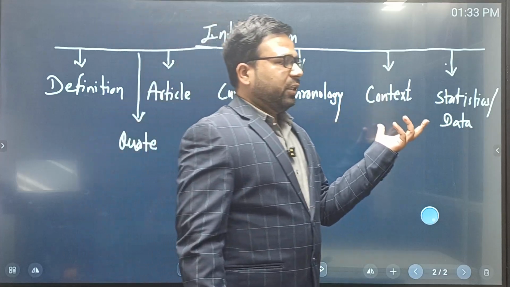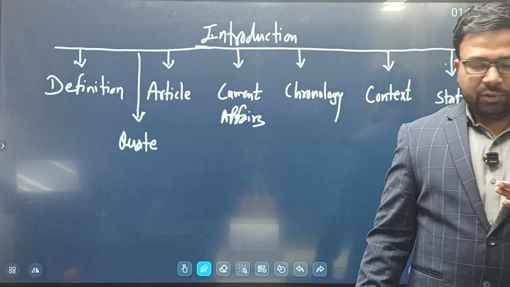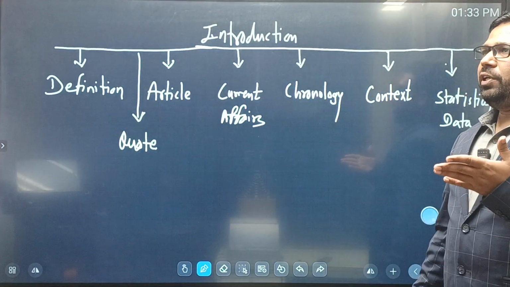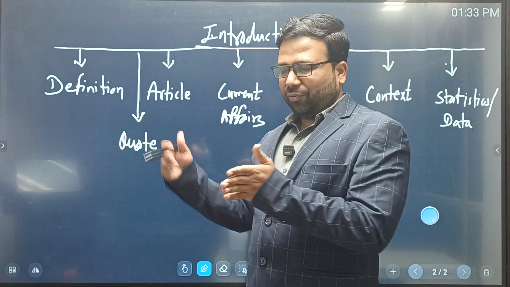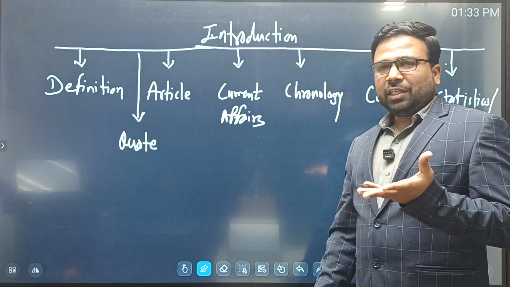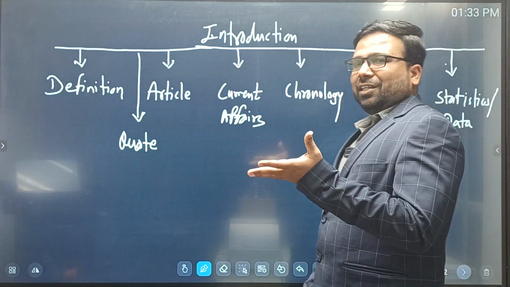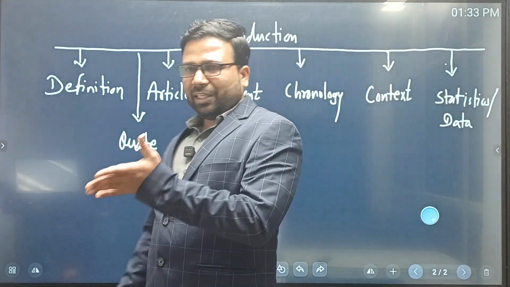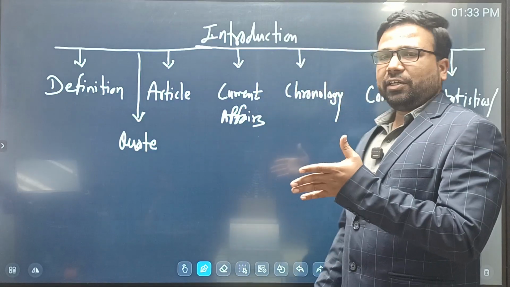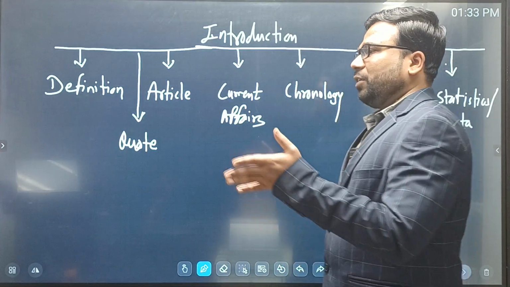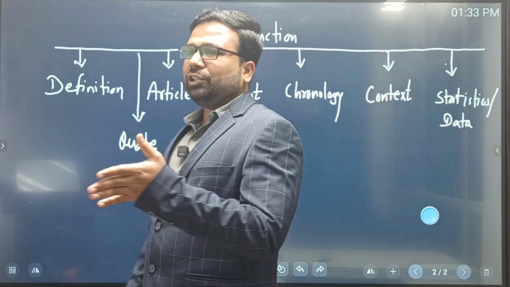Why? Because when we learn history, we can connect one event to another event to a third event. For example, Rowlatt Act was there. Because of that Rowlatt Act, the Jallianwala Bagh massacre happened. Because of that, national discontent got created. Because of that, Congress and Gandhiji decided to launch the non-cooperation movement.